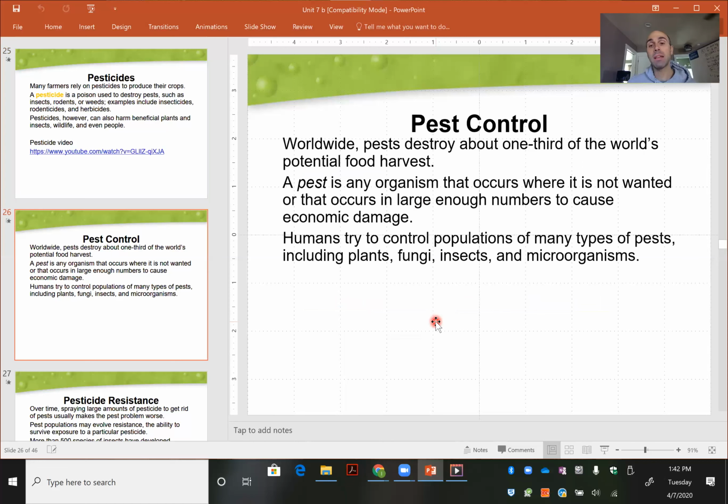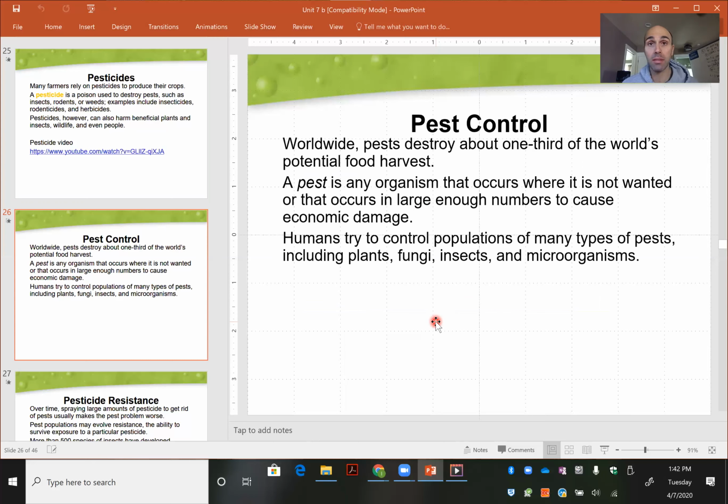So, pest control. Worldwide, pests destroy about 1/3 of the world's potential food harvest. A pest is any organism that occurs where it is not wanted. So think about that, right? A pest, using a pesticide, is anything that occurs anywhere you don't want that pest to be. That's when you would use it. And it occurs in large enough numbers to cause economic damages.